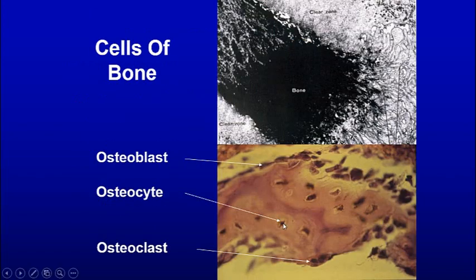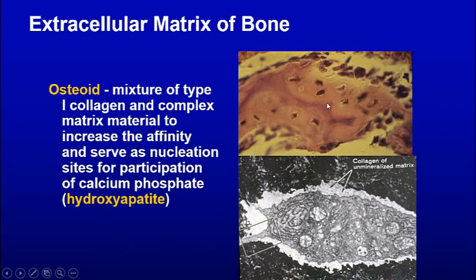Here we see the osteocyte, which is located in its lacuna, the osteoblast located on the side, and here's a multinucleated osteoclast. Here we can see bone with the calcium carbonate matrix. Osteoid, which is secreted by the osteoblast, is a mixture of type 1 collagen, and it has affinity for nucleation sites for hydroxyapatite, which is a calcium phosphate.